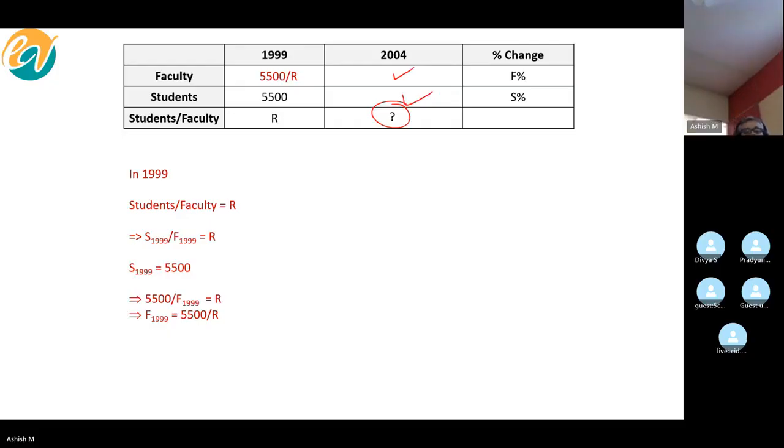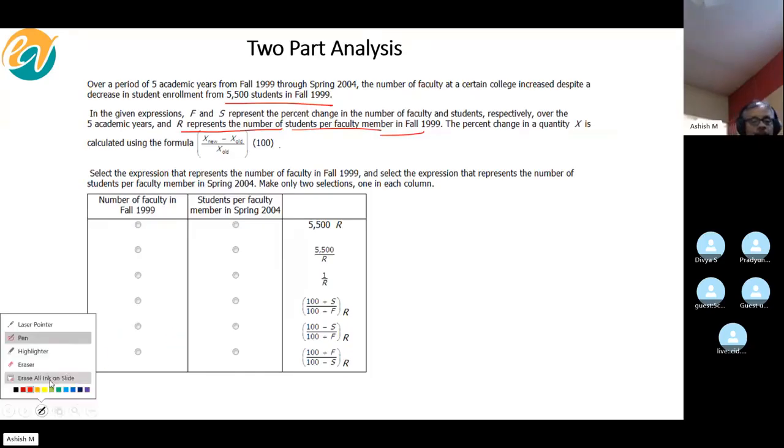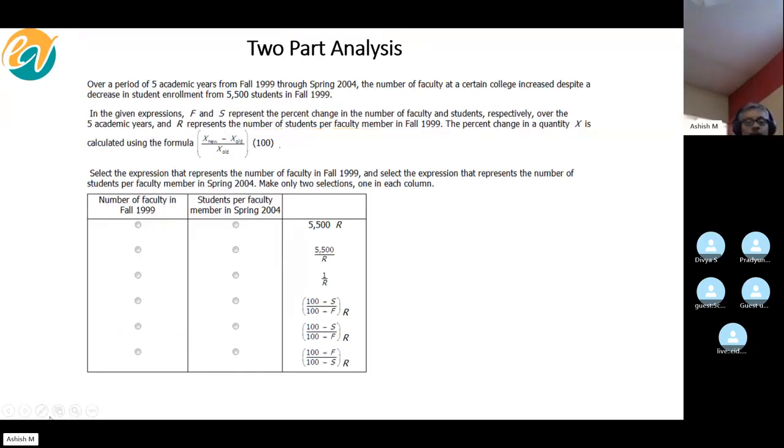And then divide. Students declined, right? So it is 100 minus S into 99. Now, that is an important thing, guys. Students, notice what does the question say? And this is where most people get it slightly wrong.